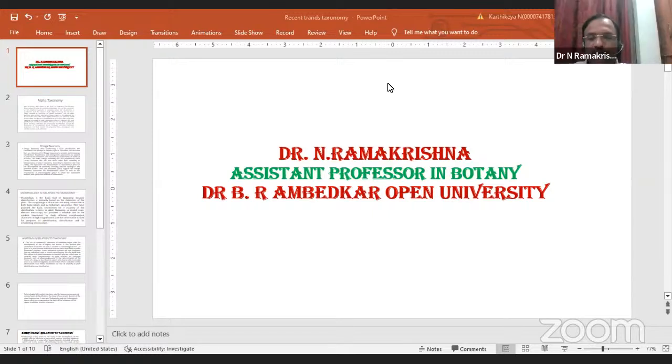Yes. So next point, that's epidermal cells. Epidermal cells means when you are looking in the epidermis, there we call the different types of trichomes. Trichomes means hair-like structures.